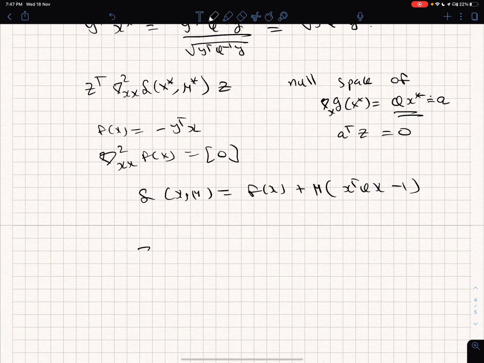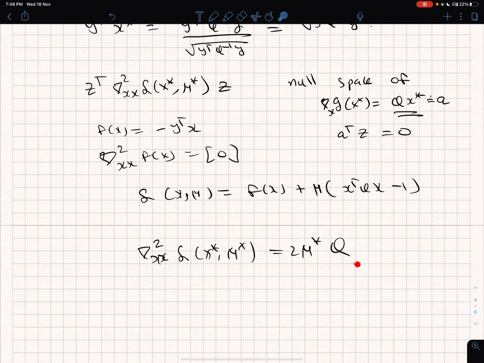So therefore, when I look at the Hessian of the Lagrangian at x star, mu star, it is simply going to be 2 mu star times of q. In this case, the contribution comes only from the active inequality constraint.